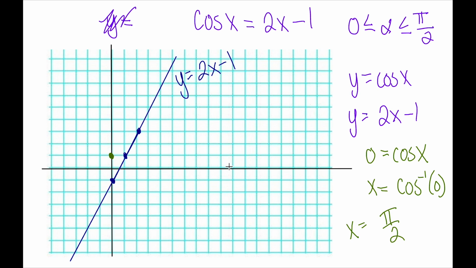Now, in order to graph it on here, I'm going to change it to a decimal, 1.57. So that's approximately here. And we're only really concerned with the part of the graph where they intersect each other. So yeah, the root is between 0 here and pi over 2 here.